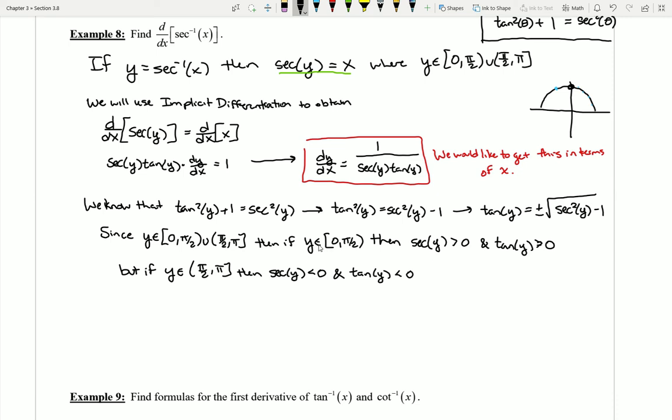In both cases, the denominator is positive: the secant of y times the tangent of y, if they're both positive, creates a positive denominator, and if the secant is negative and the tangent is negative, I create a positive denominator every single time.